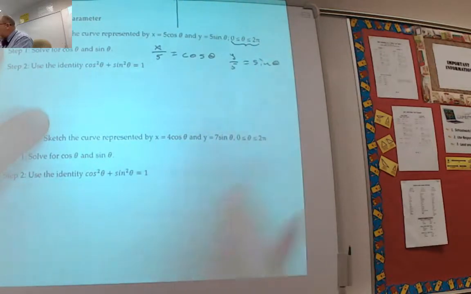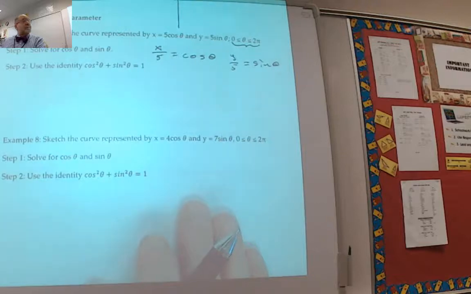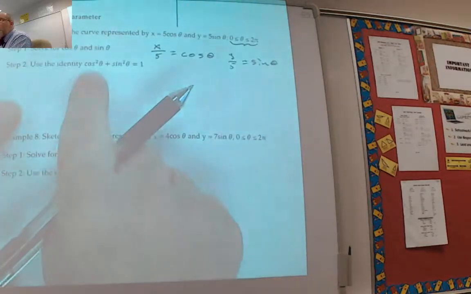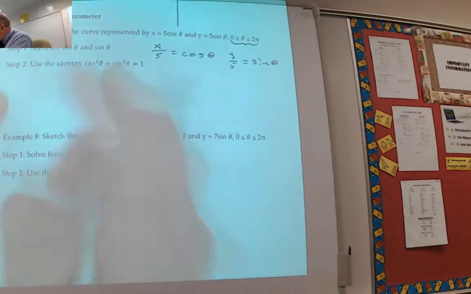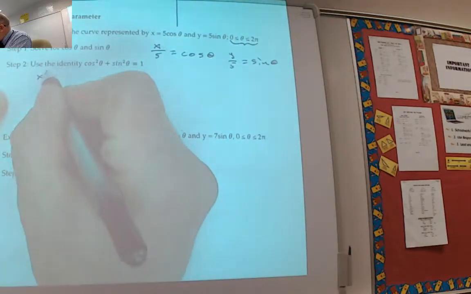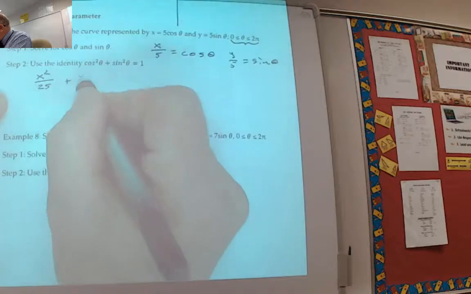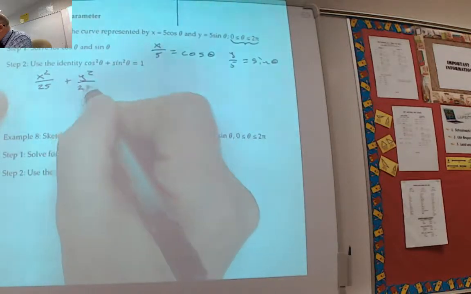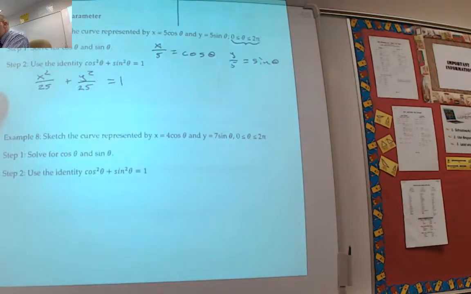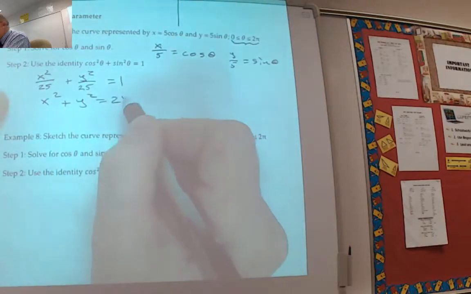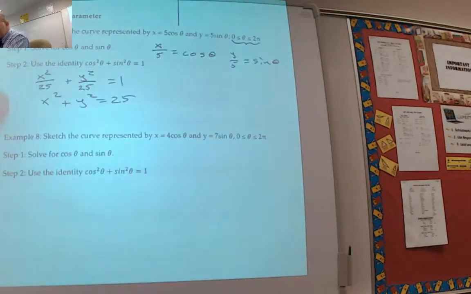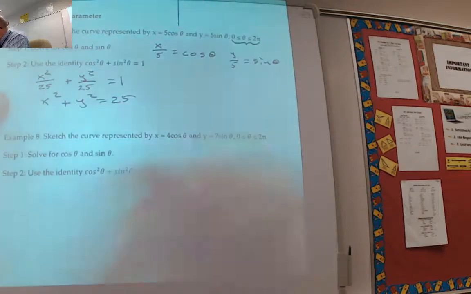So anytime I get sine and cosine, that's the first thing I do. And I always use this identity. So you should see that I get x squared over 25 plus y squared over 25, and that equals 1. So I get x squared plus y squared is equal to 25. And what shape is that? Circle.